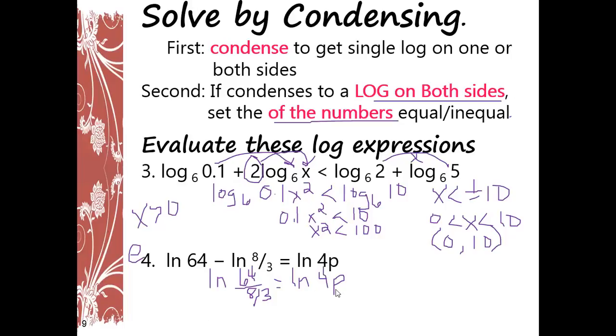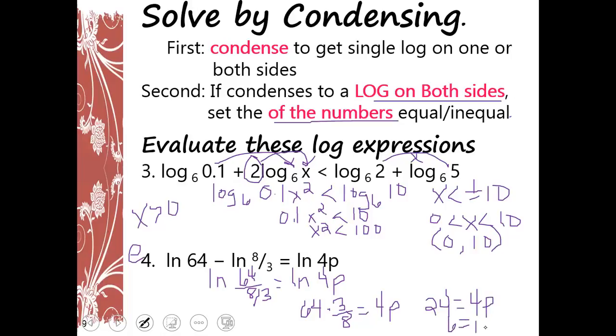The thing to remember is, number one, that our arguments have to be equal to each other, and division by a number is the same as multiplication by its reciprocal. So 64 times 3/8 is equal to 24 equals 4p, and 6 equals p. And there is our answer.